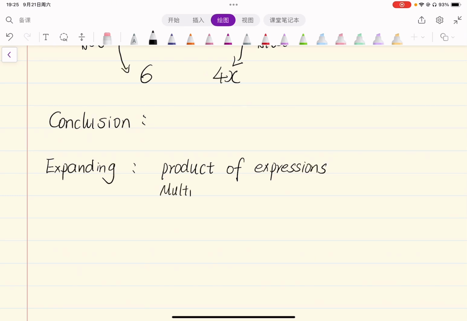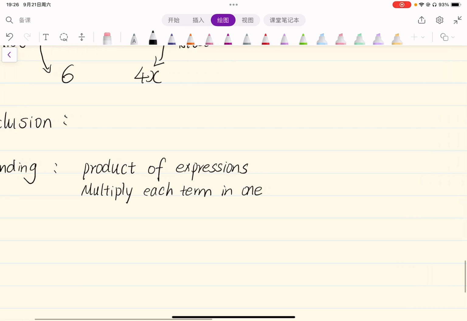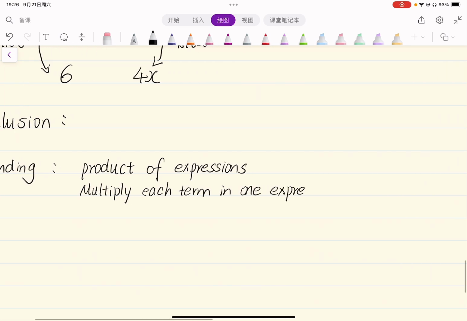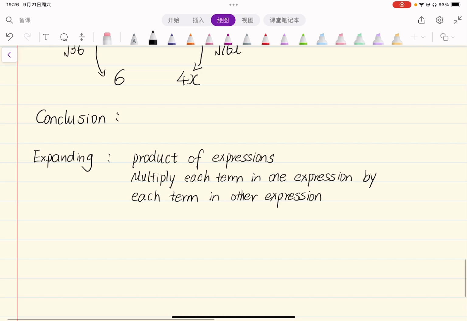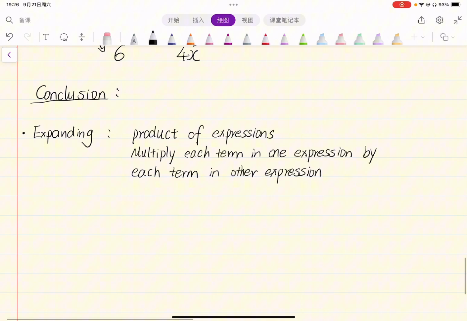We multiply each term in one expression by each term in the other expression. That's the first one.